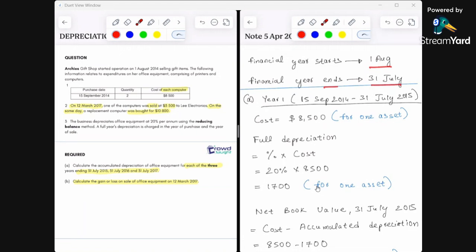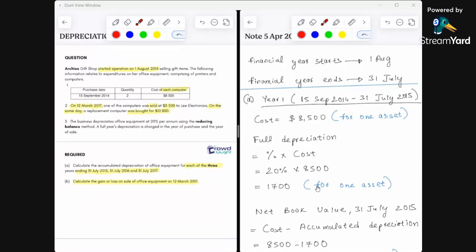And this is also validated based on the first line of the question, which clearly mentions that Archie's gift shop started operations on 1 August 2014. Also, in the requirement given in the question, it says for each of the 3 years ending 31 July 2015. So it's logical to say that the financial year starts on 1 August and ends on 31 July.